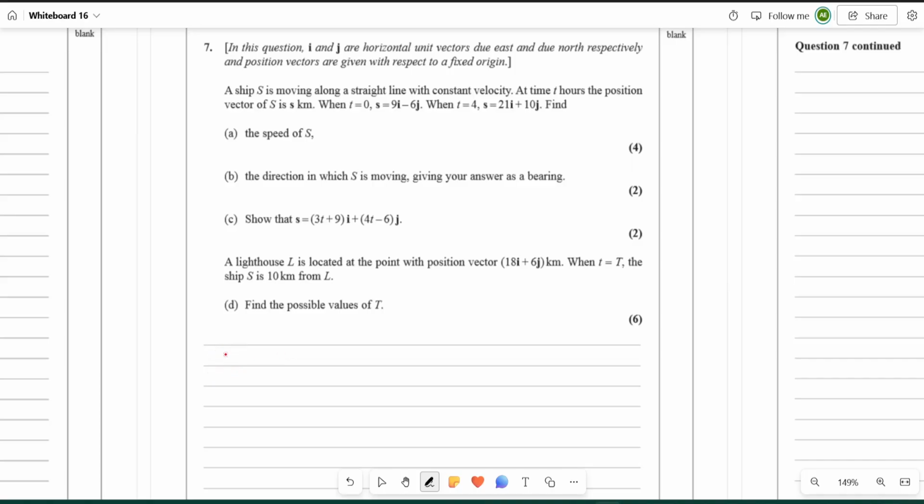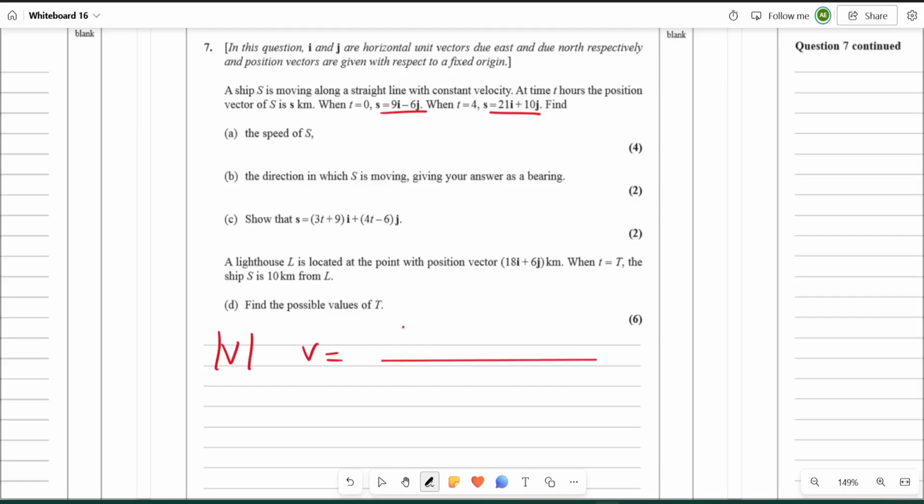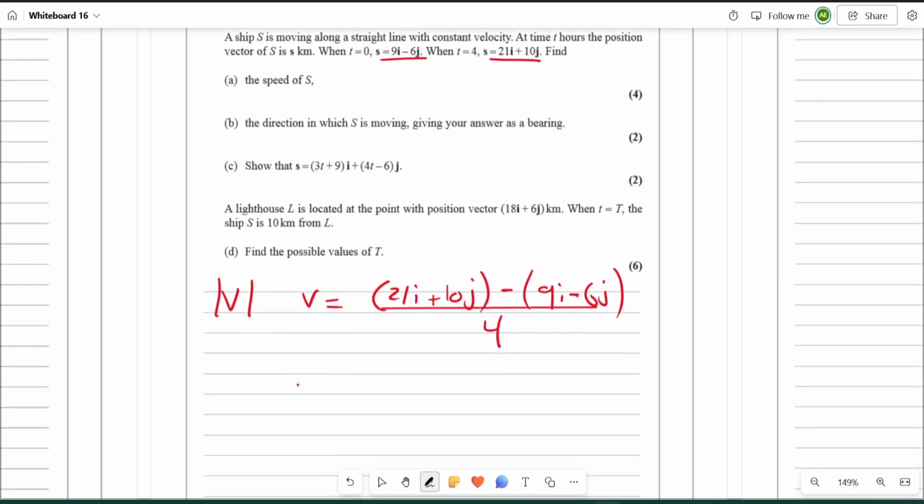So it's the magnitude of v, the magnitude of the velocity. v itself is going to equal the change in displacement over time. So the change in displacement is the change in position over time. So it's going to be the final position minus the initial position, so 21i plus 10j, minus the initial position, which is 9i minus 6j, all over the time it took, which is 4 hours. So over here, I'm going to have 21 minus 9, I believe that is 12.